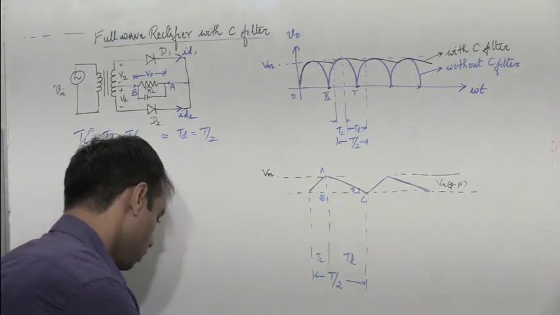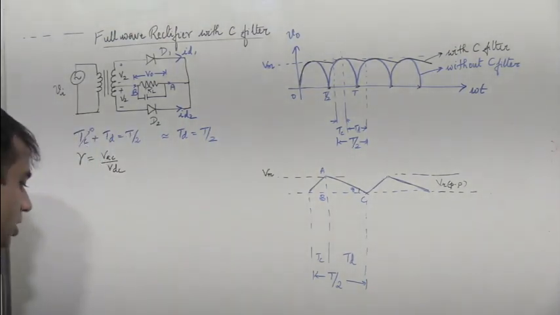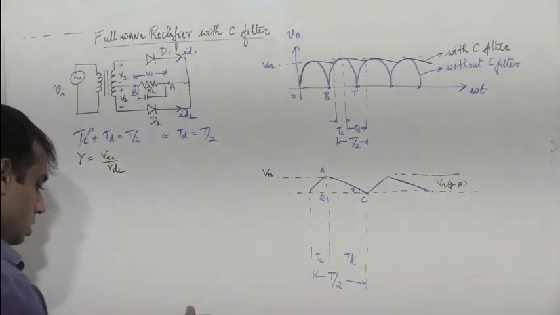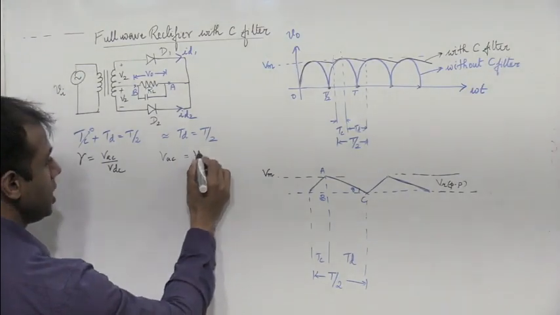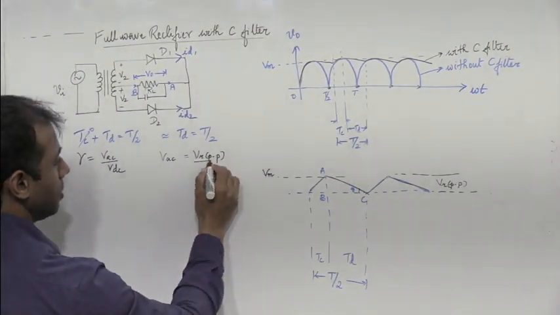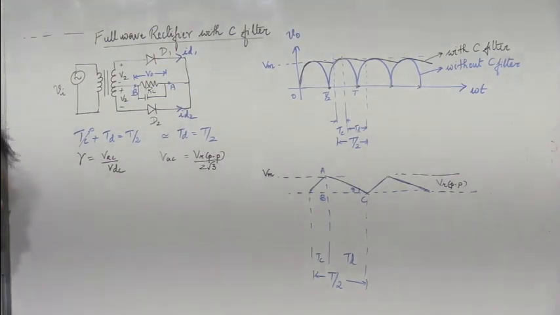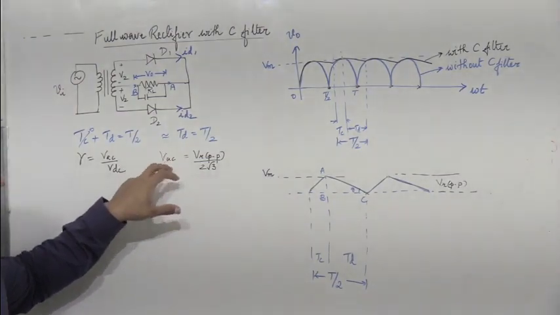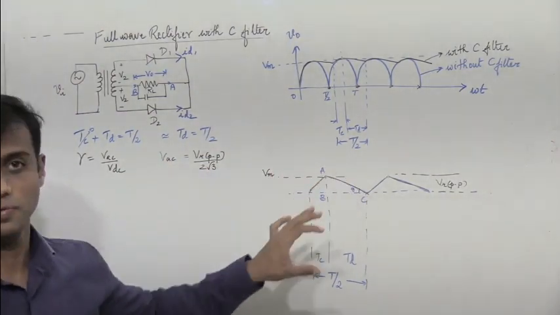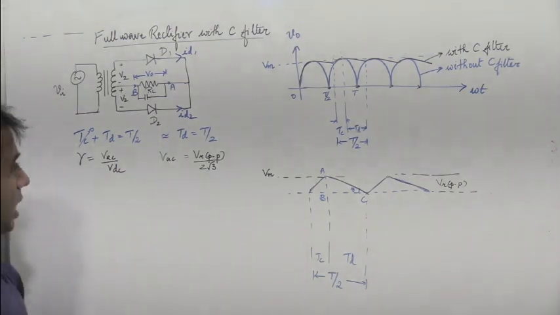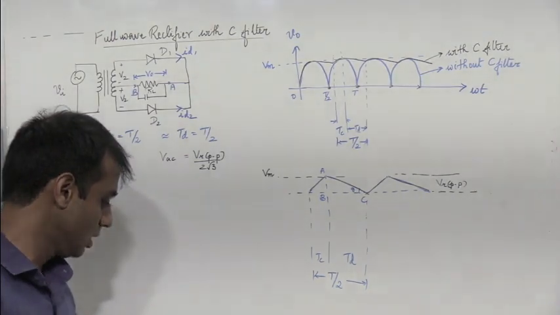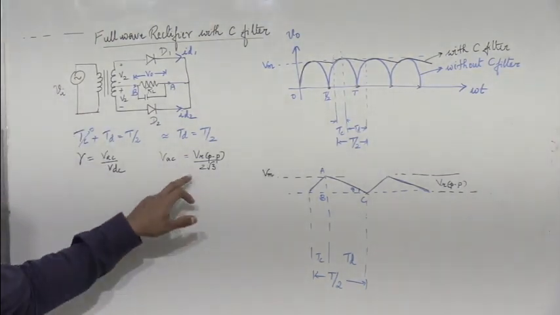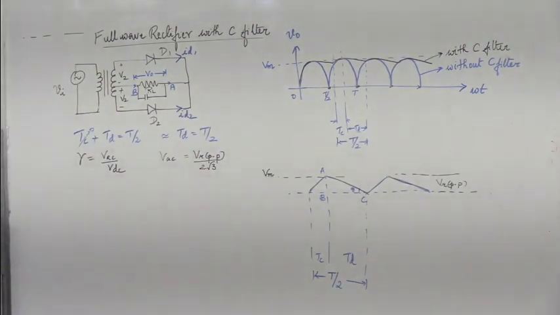Now for a triangular waveform, we have VAC, which is equal to VR peak to peak by 2√3. We don't derive VAC for a triangular waveform like this. We assume the result. So VAC is VR peak to peak by 2√3, and we will proceed with the derivation.